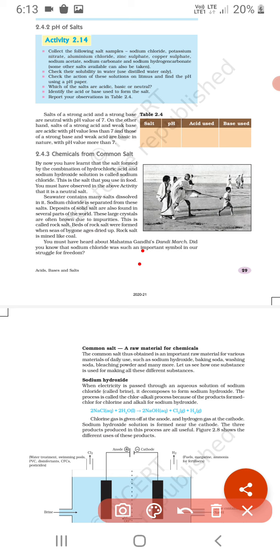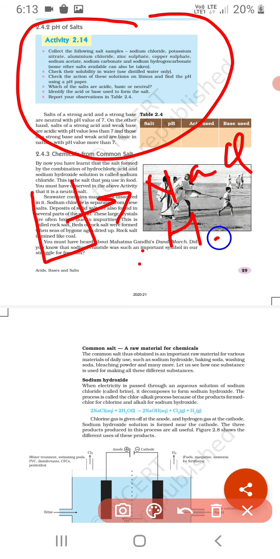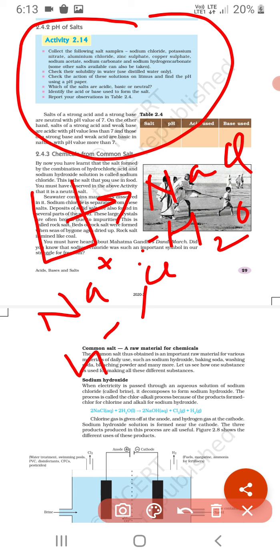First of all, dissolve any one of the salts in a test tube. That solution is called an aqueous solution. Suppose it is an aqueous solution of NaCl. Aqueous solution means water is present here. So the ions present in the solution are sodium ion, chloride ion, H ion and OH ion.